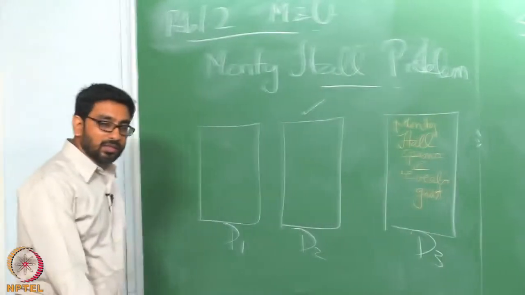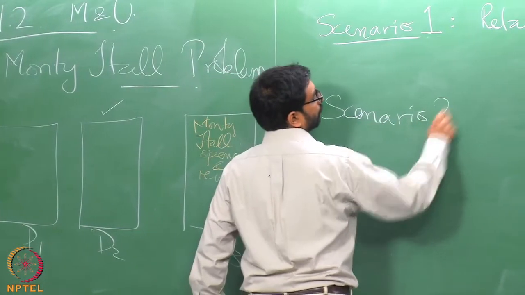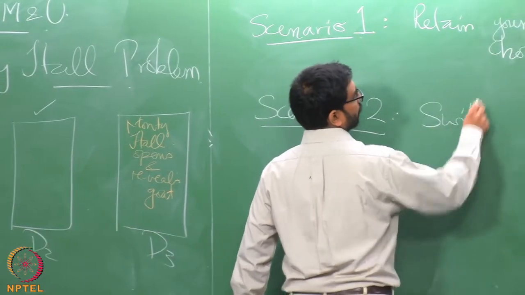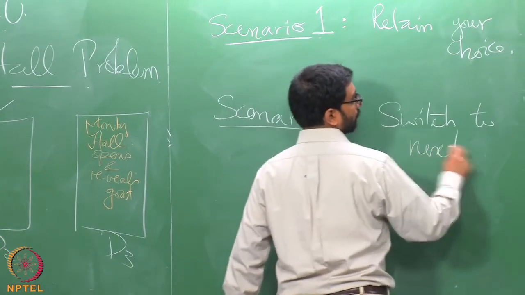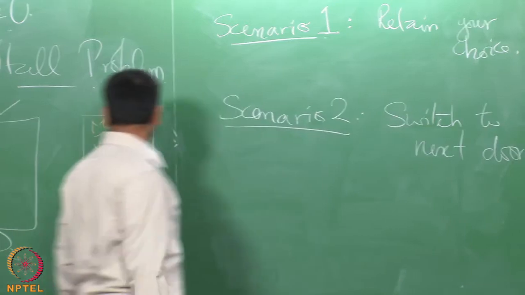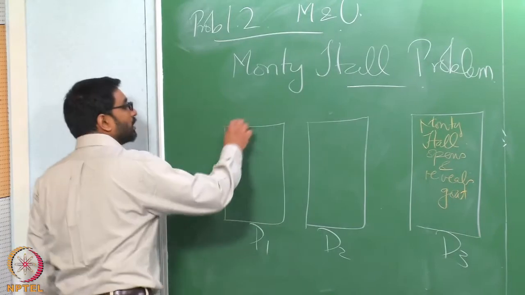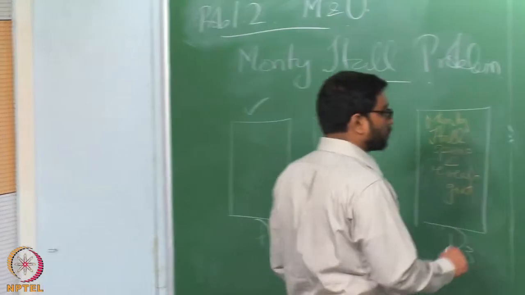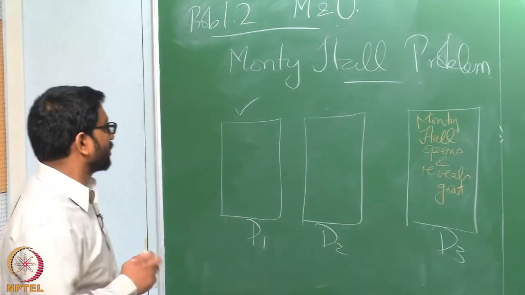In scenario 2, you switch. You would say, well, I chose D2 early on, but let me give up on D2 and switch to D1. At the end, whichever door you have chosen is going to be opened up, and you are going to get the prize that is held behind that door, and obviously your interest is to get the car.